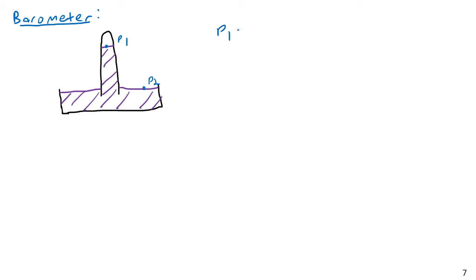P1, the absolute pressure, is approximately 0. The only pressure here is the vapor pressure of the fluid. If you need to review what vapor pressure is, consult your elementary chemistry book. But we don't need to worry about that. It's so small, especially for mercury, it scarcely can be said to exist at all. For our purposes, it might as well be 0.